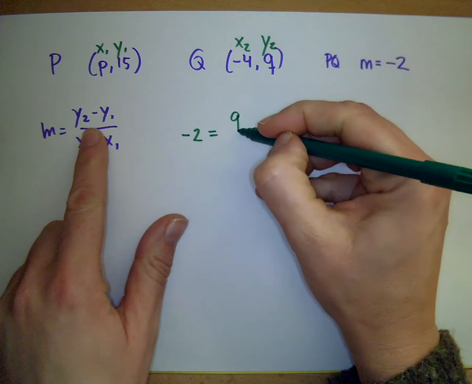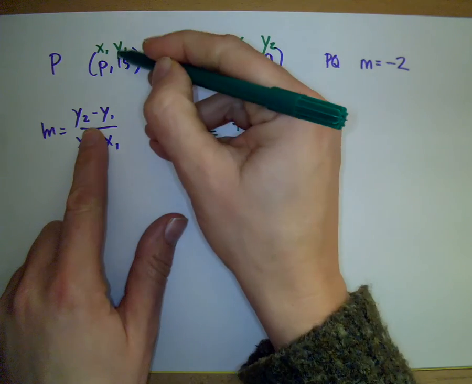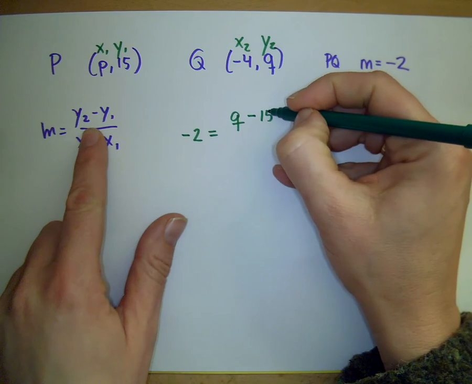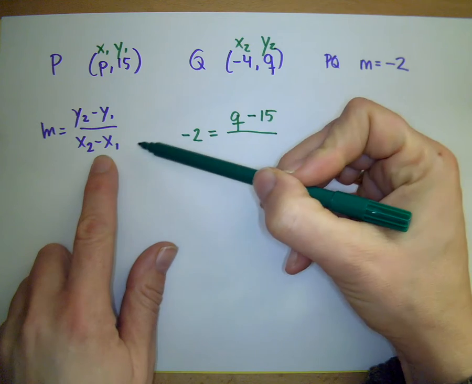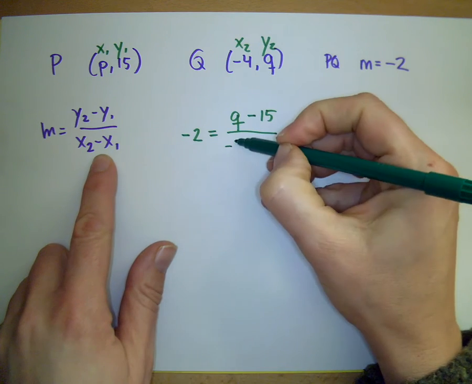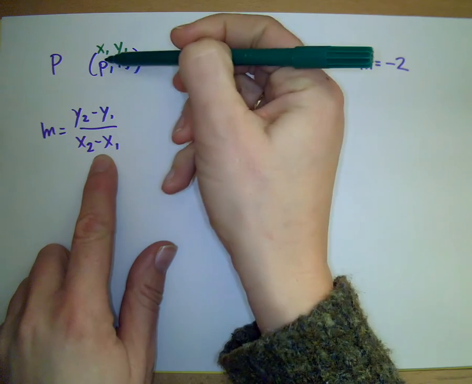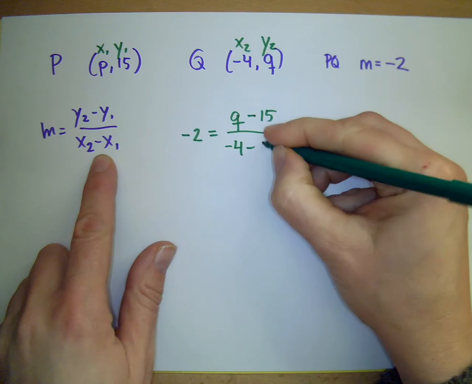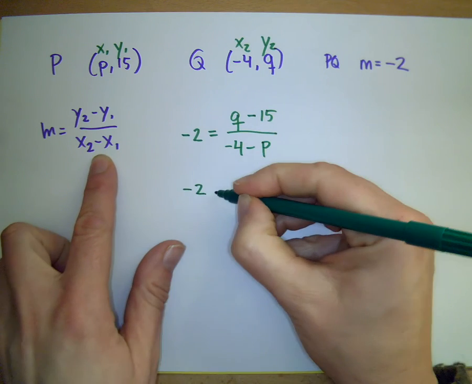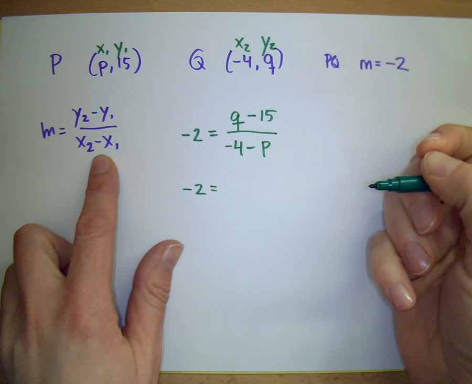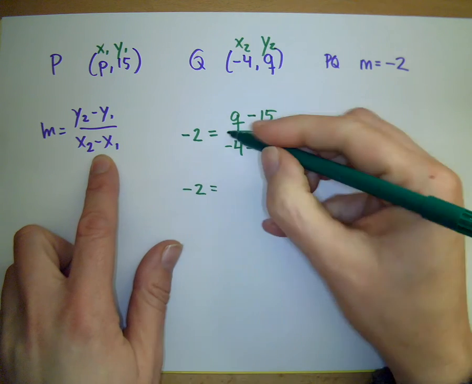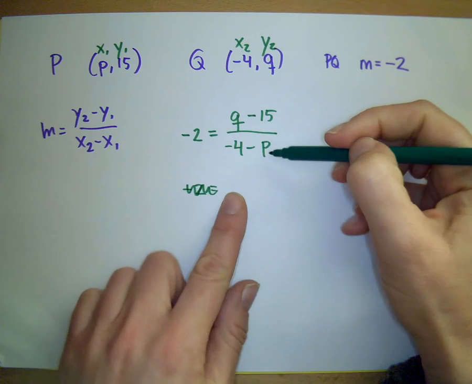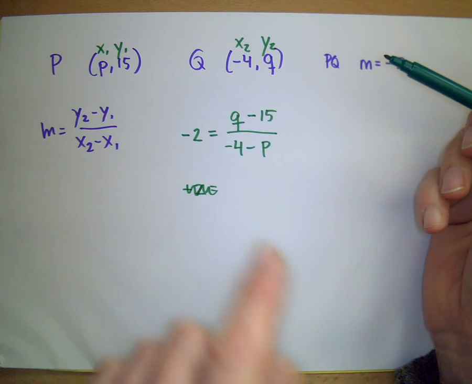So q minus y1 is 15. All right. x2 minus x1. x2 is -4. Minus x1 is p. So, okay, I was going to simplify that, but I can't. What are we going to do?